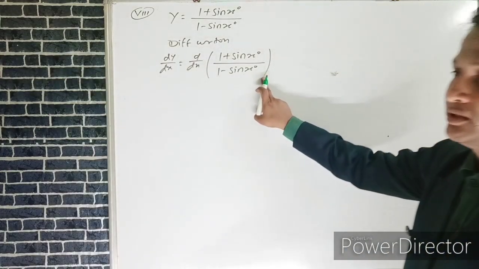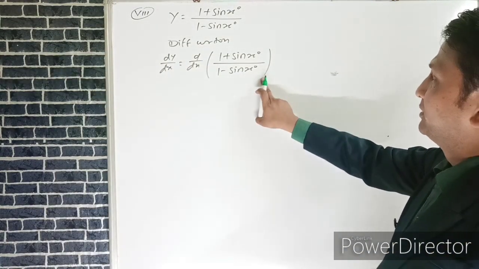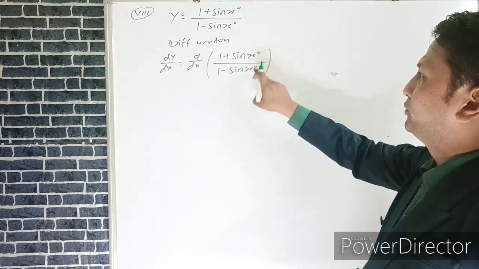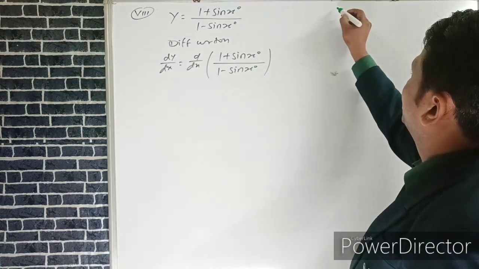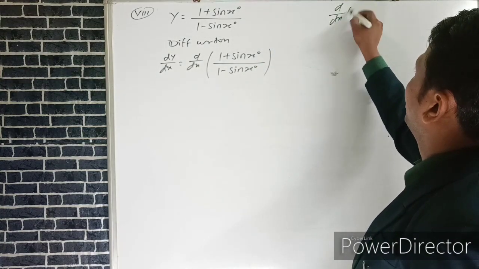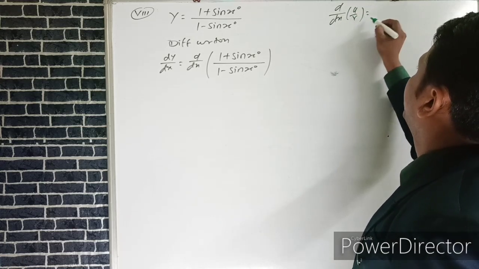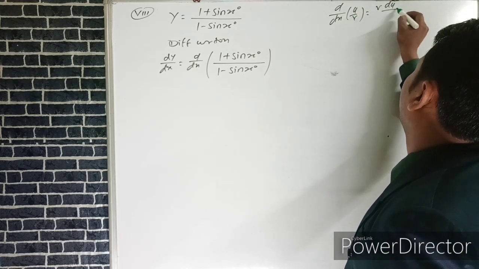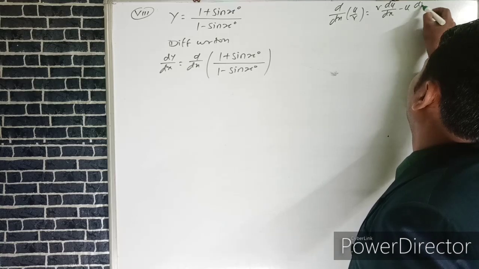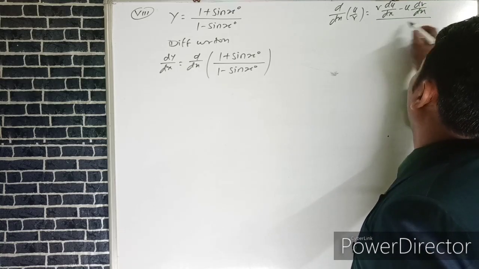Given function is in the quotient form. If we consider that the numerator is u and denominator is v, then we apply derivative of u upon v, and the derivative of u upon v is v into du by dx minus u into dv upon dx whole bracket square.